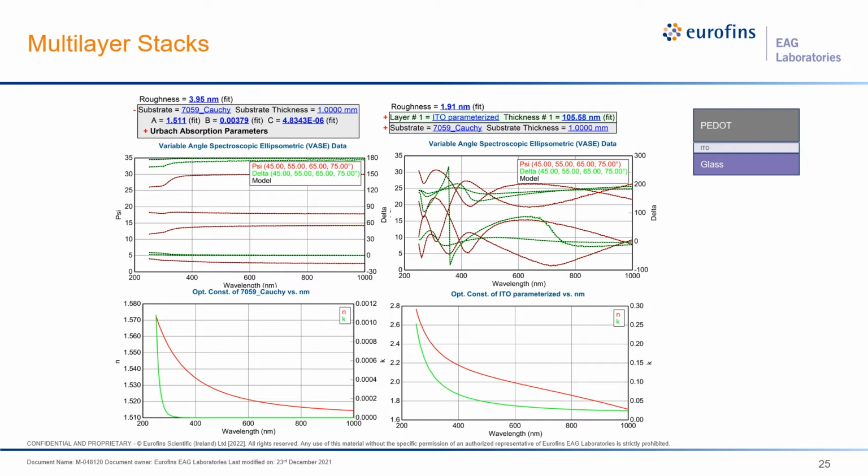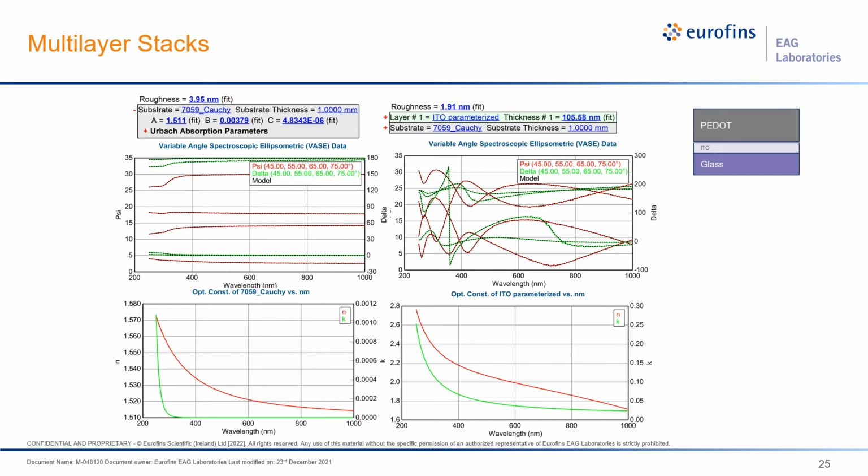The optical constants of the glass substrate are then held fixed in the next step where the optical constants and the thickness of the indium tin oxide are determined. Obviously, to do this, we need a sample of indium tin oxide on glass only, so we need an additional sample. The results are shown, as I just showed, here on the right-hand side.